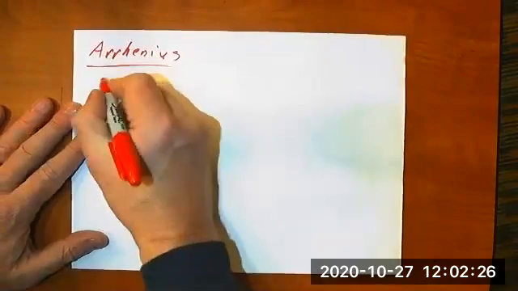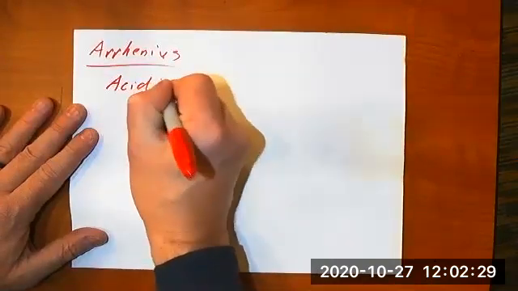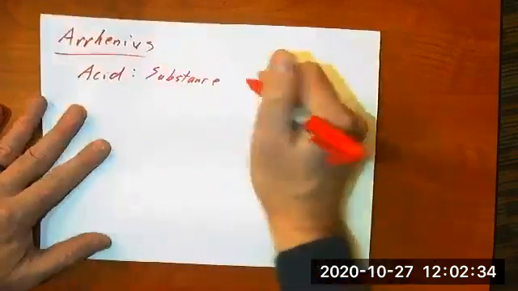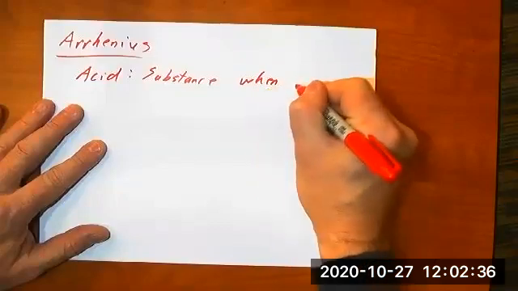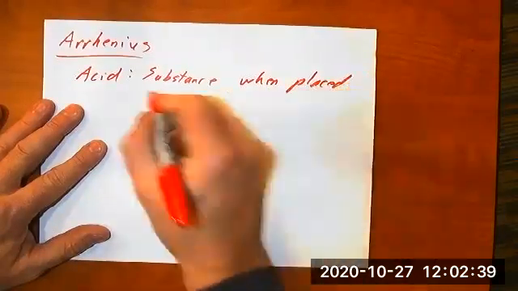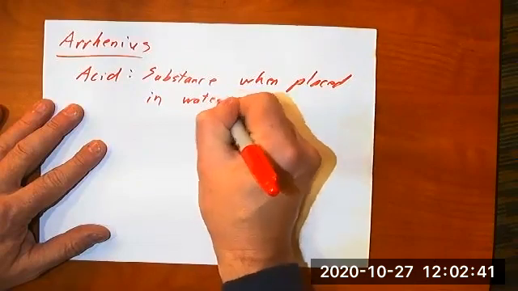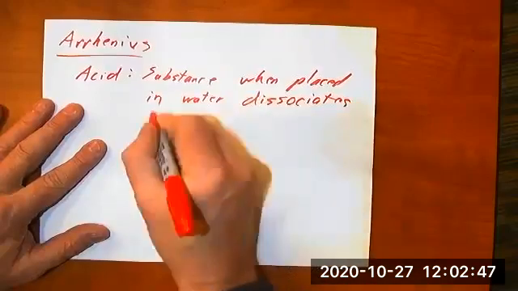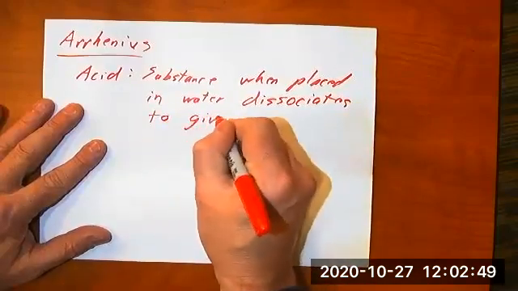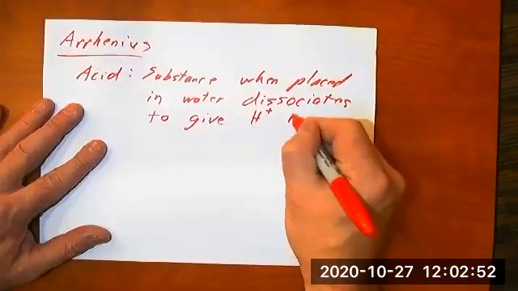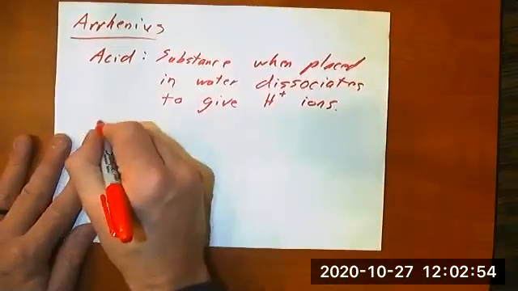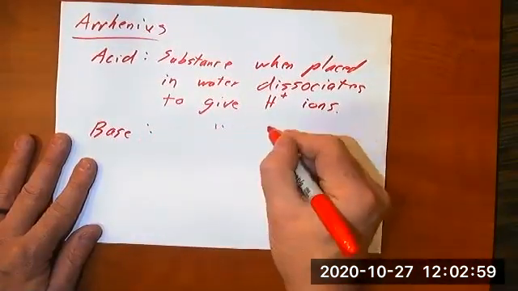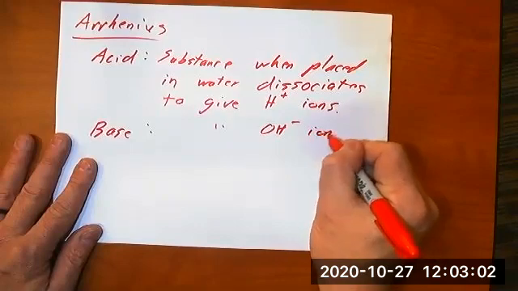The Arrhenius definitions say that an acid is a substance that when placed in water dissociates to give H plus ions, and that a base is the same thing, but giving OH minus ions.